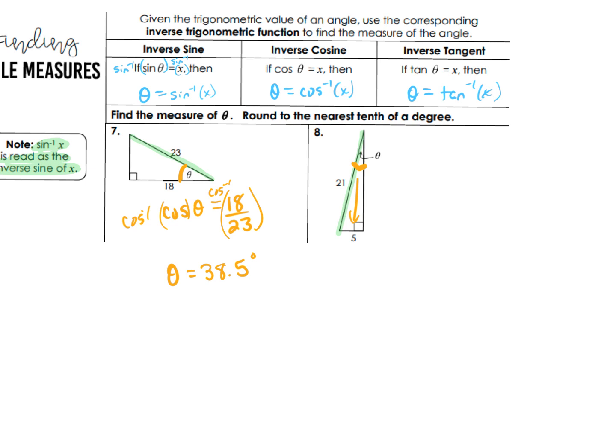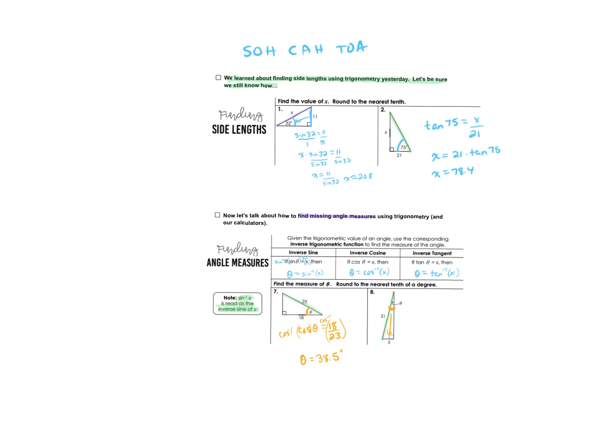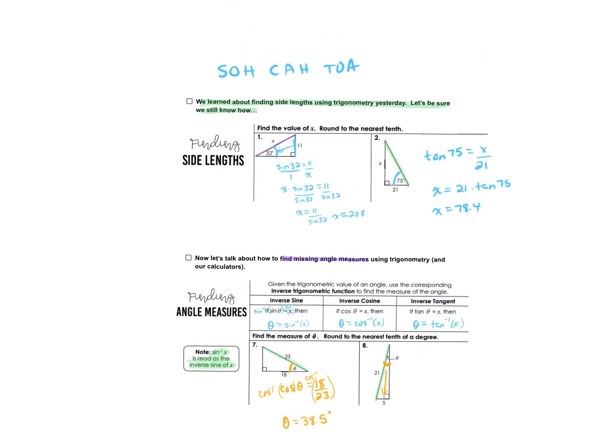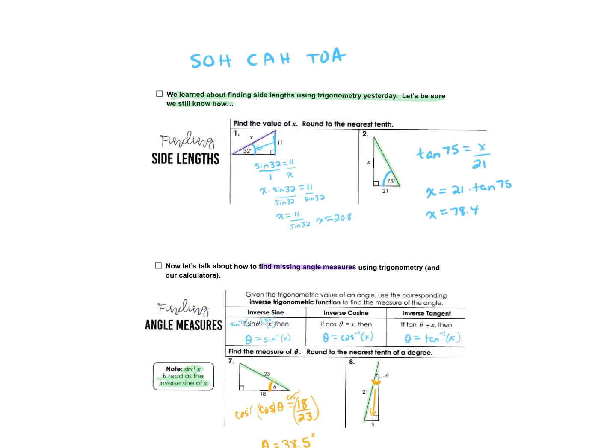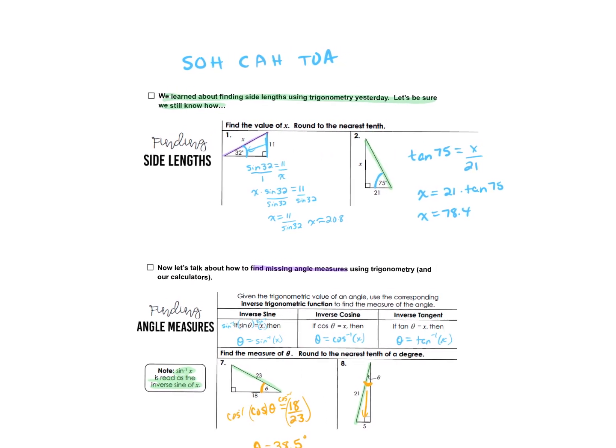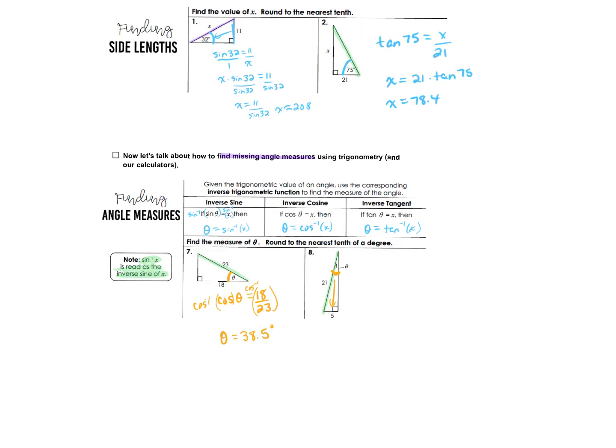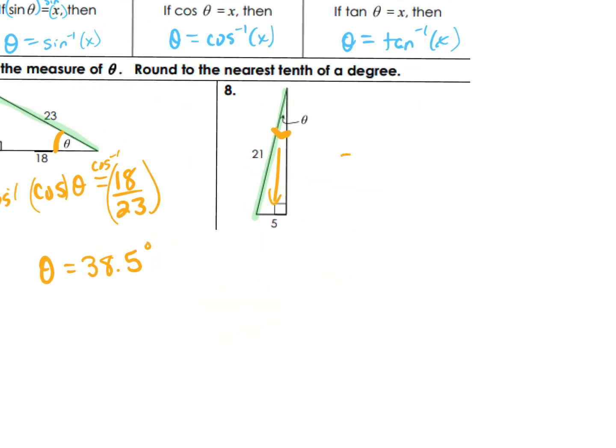So which trig function uses the opposite and hypotenuse? Cosecant? Or which one's easier to use, though? Sine, there you go. We could use cosecant, you're right, but that gets a little bit more complicated. Okay, so sine of theta is equal to 5 over 21.